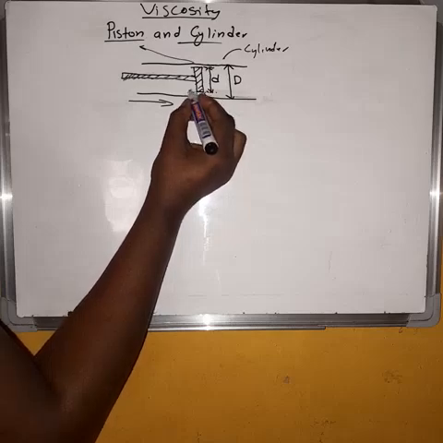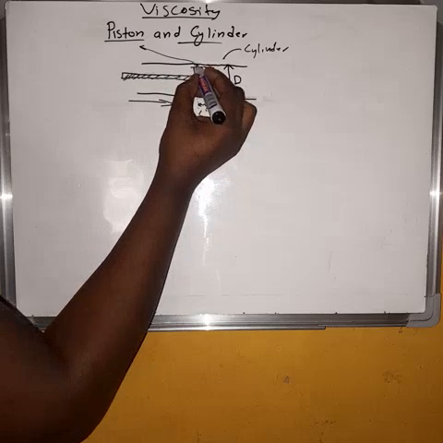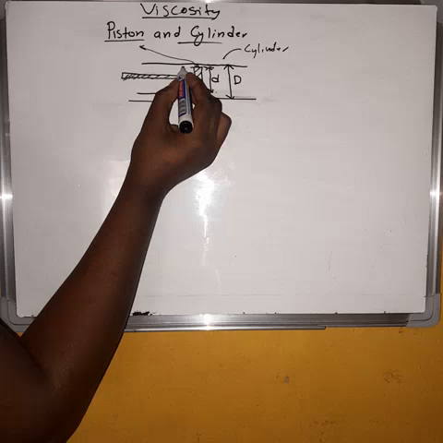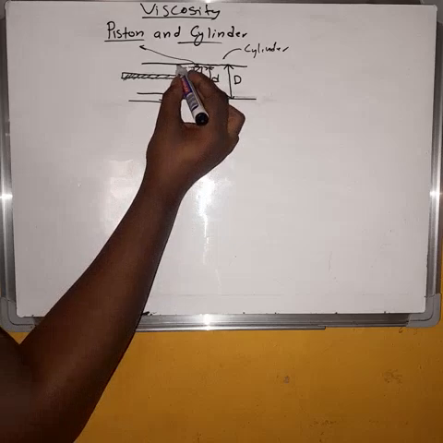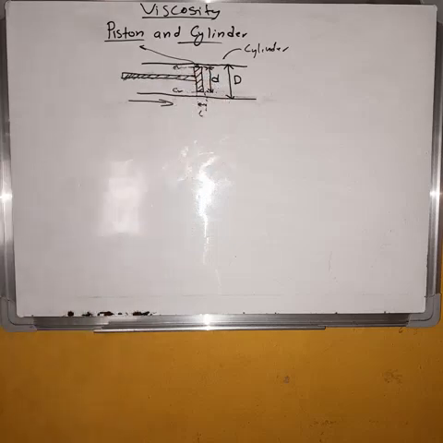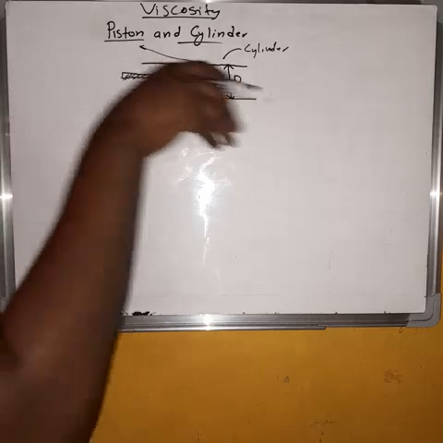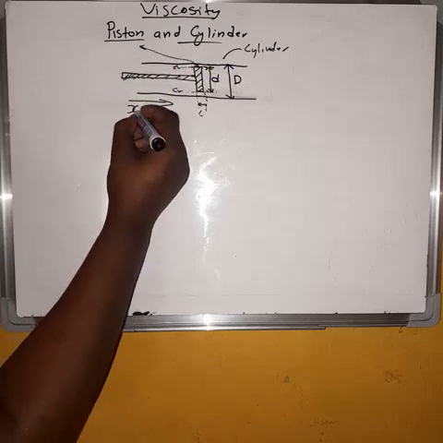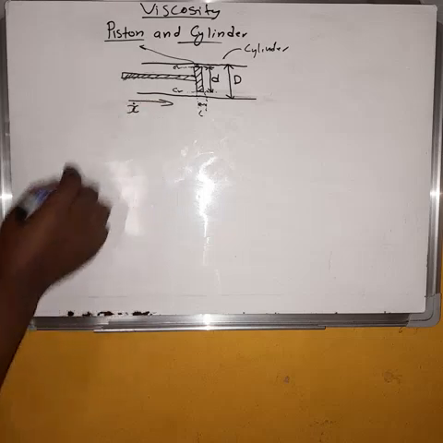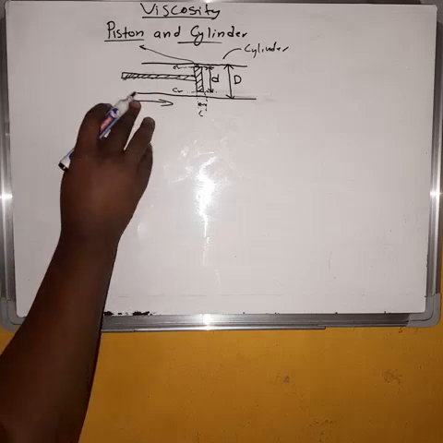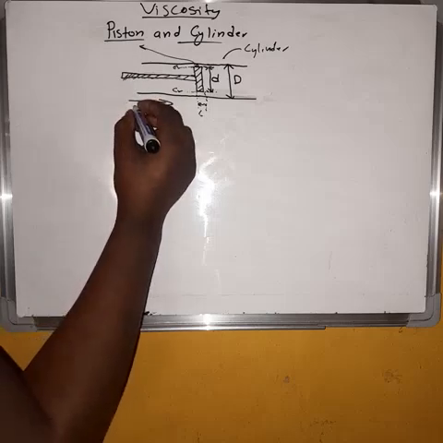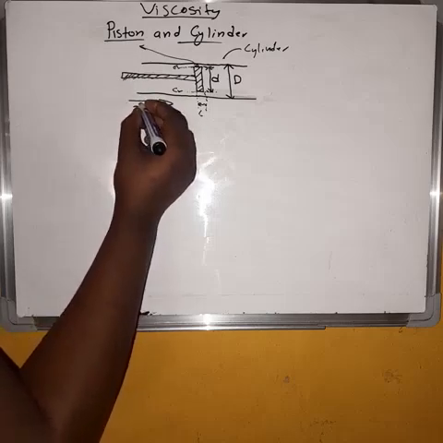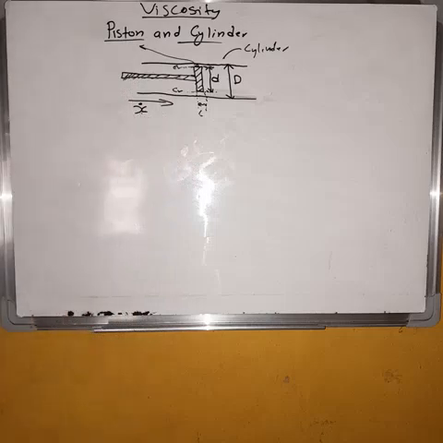This space between here we call the clearance, CR. The piston is moving that side, and the velocity is represented by x with a dot, or if you like, you can represent it by letter V as velocity.